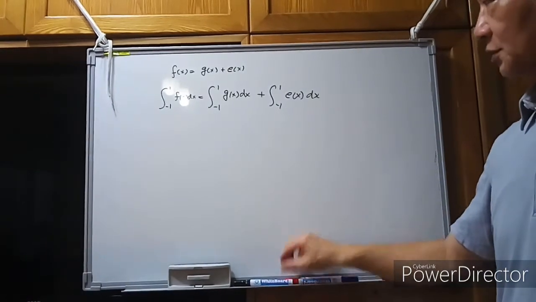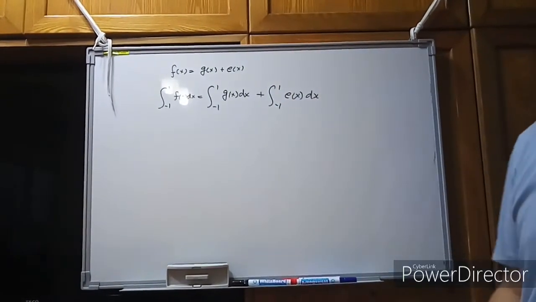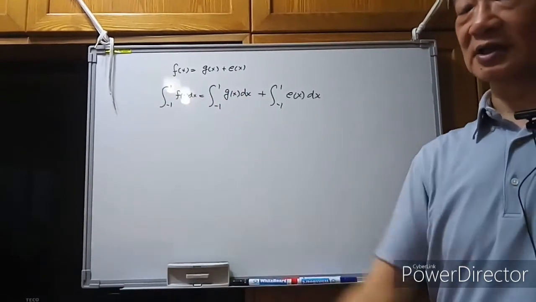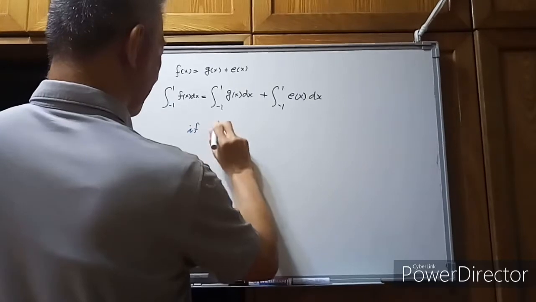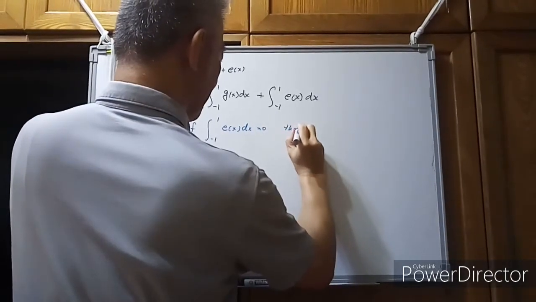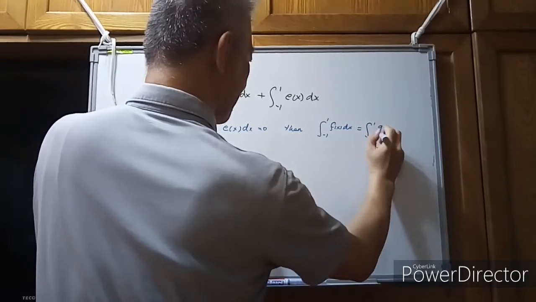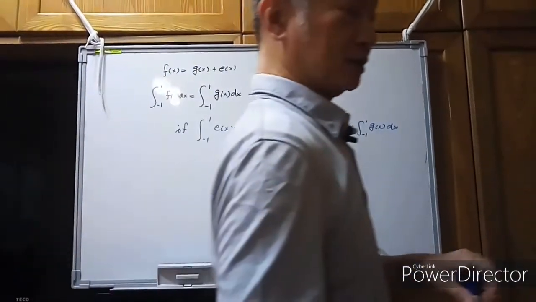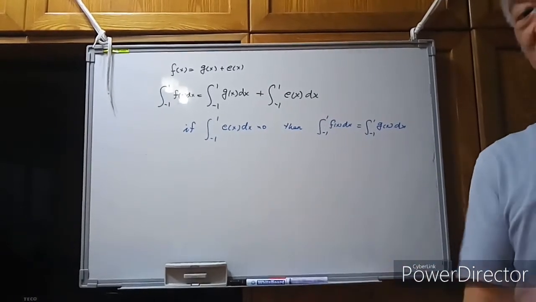And when Gauss derived this method, he thought if we can make the integration of the error function always equal to 0, then the g of x will give the exact solution for f of x. If the integration of the error function is always equal to 0, then the integration of f of x will always equal the integration of g of x.